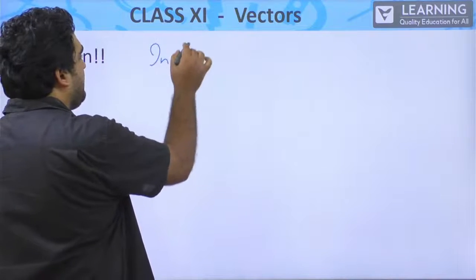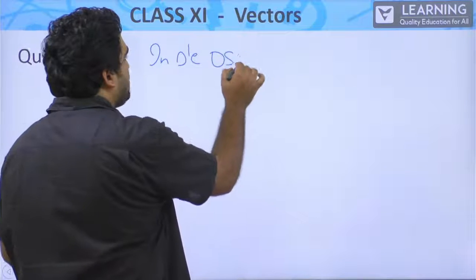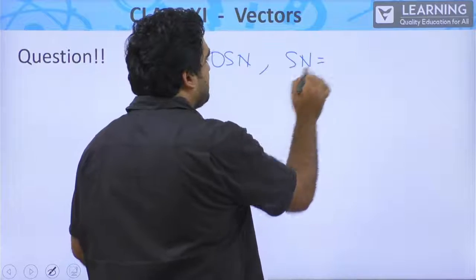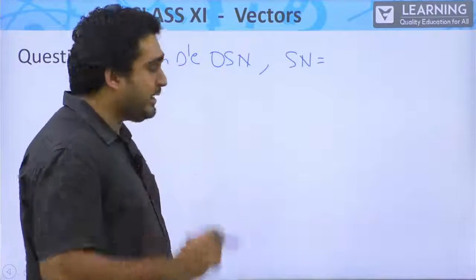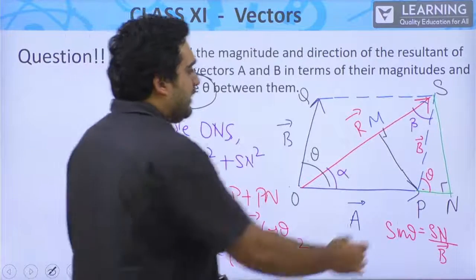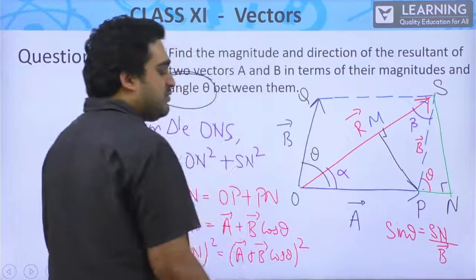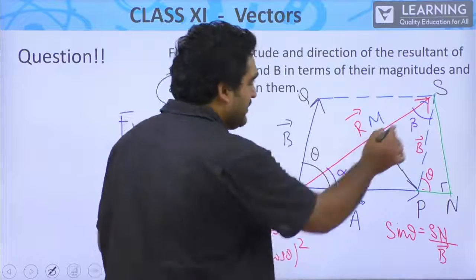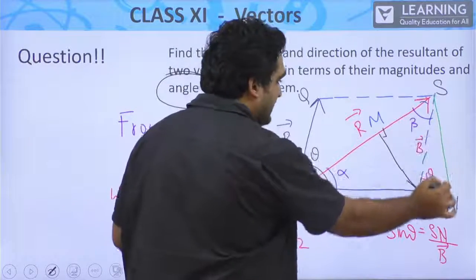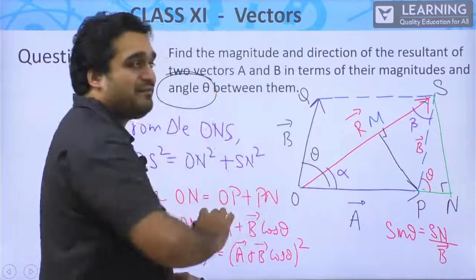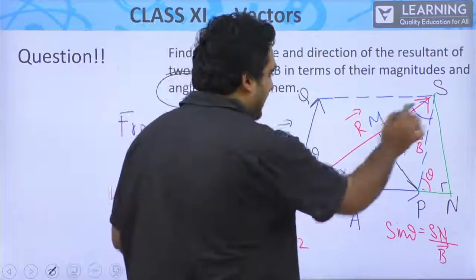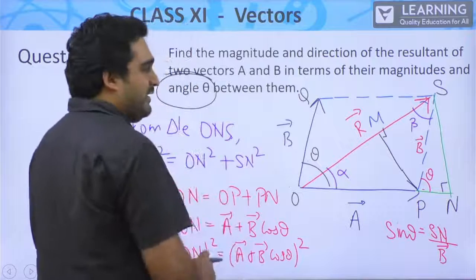In triangle OSN, SN is equal to, okay, let's go back. I cannot write B sine theta now. Why? Because in triangle OSN, the angle is alpha. Correct? It is not theta. The angle is alpha.